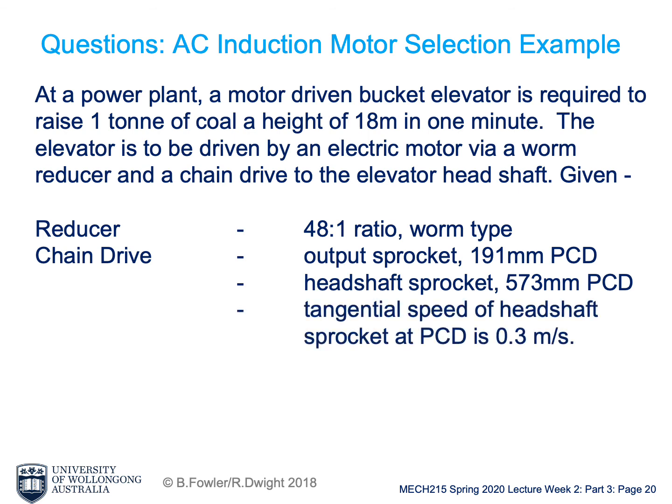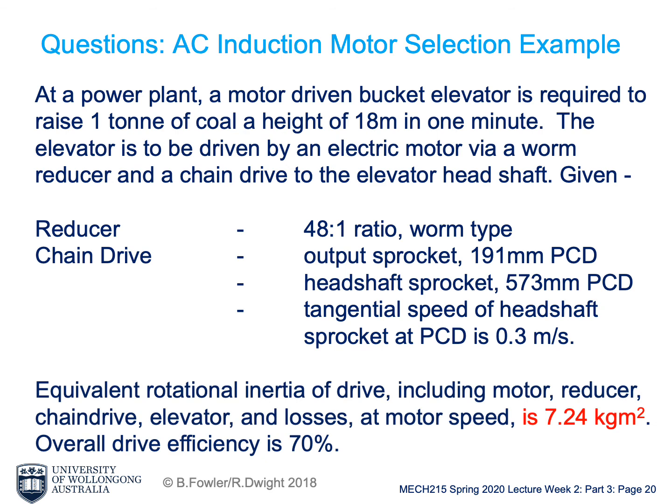And we know the PCD speed is 0.3 meters per second at the output, which also corresponds with the speed of the elevator. Also, we are given the moment of inertia for the load is 7.24 kilogram meters squared, and the efficiency of the drive is 70%.